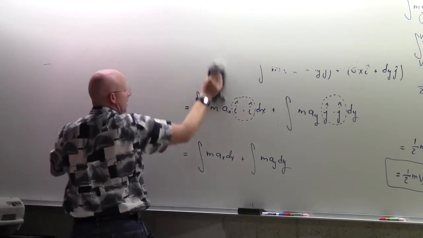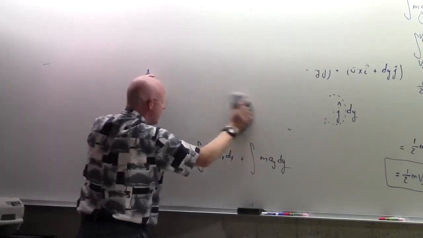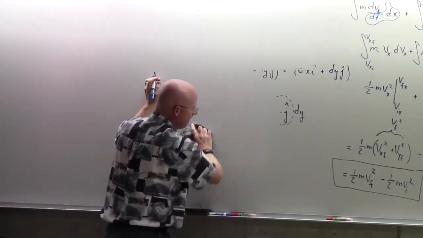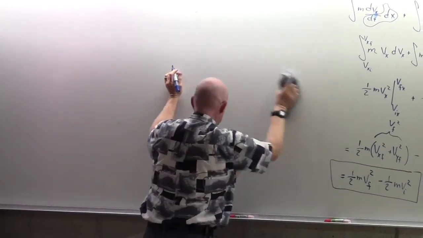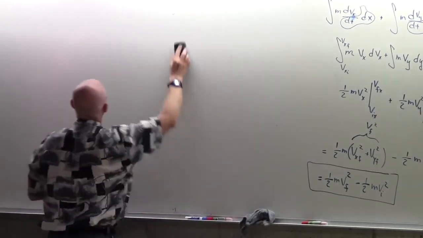If I do that with the potential energy, which again I kind of shortchanged you from showing you the negative of the work is the potential, but I want to make sure I finish here.